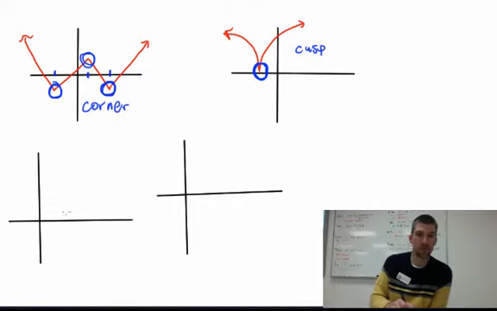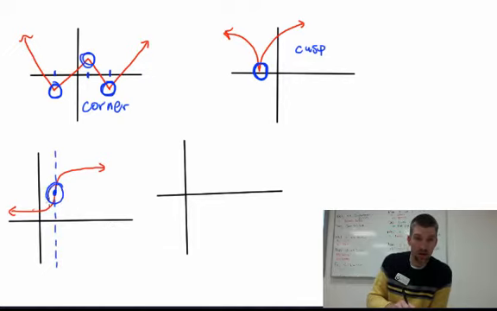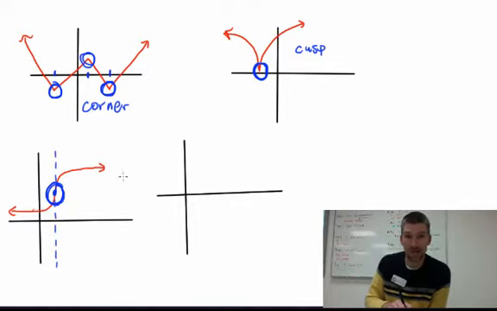Okay, where else? Well, what if we had some cool graph that did like this? Notice that right here, we have a vertical tangent line. Okay, right there we've got a vertical tangent line. At this point, you cannot take a derivative when you have a vertical tangent line.